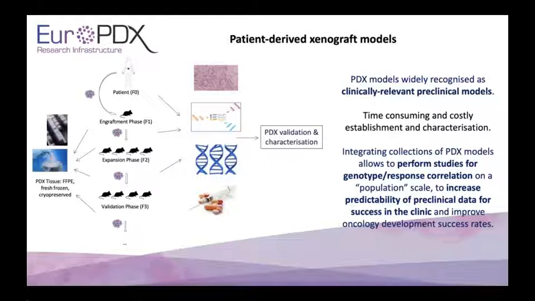And in doing so, it would increase the predictability of preclinical data for success in the clinic, since we would be doing drug dosing studies in a population representative of the heterogeneity in patients, and therefore improve oncology development success rates.